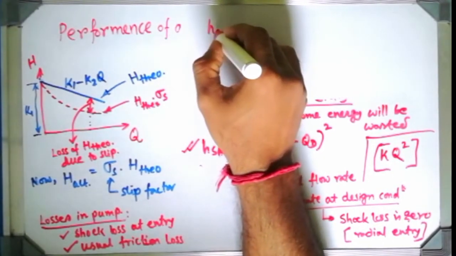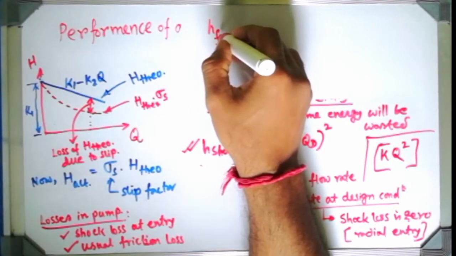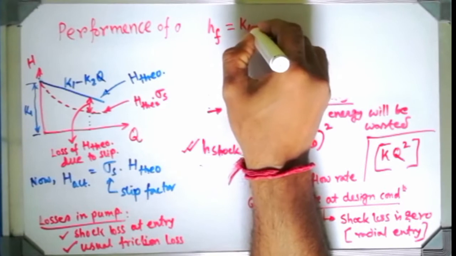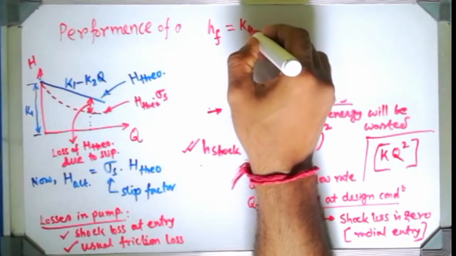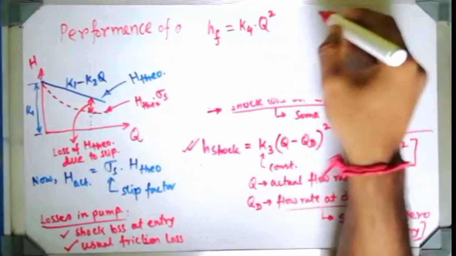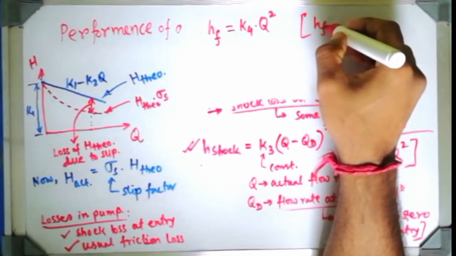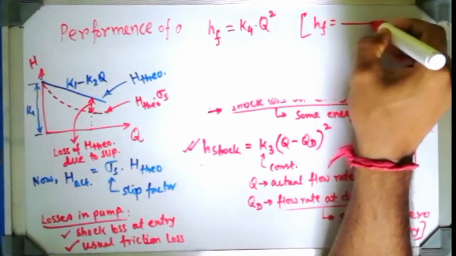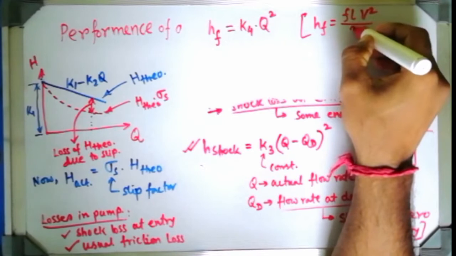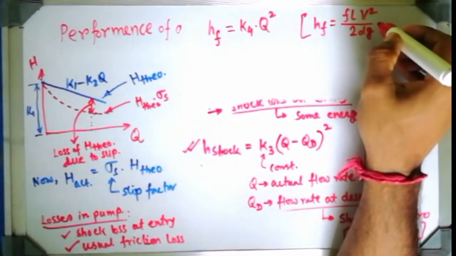So HF, generally used to symbolize head loss due to friction, can be written with another friction constant, K4, times Q square. Because I have already explained that head loss due to friction by the Darcy-Weisbach equation is nothing but f L V square by 2 d g. That expression I have already written.